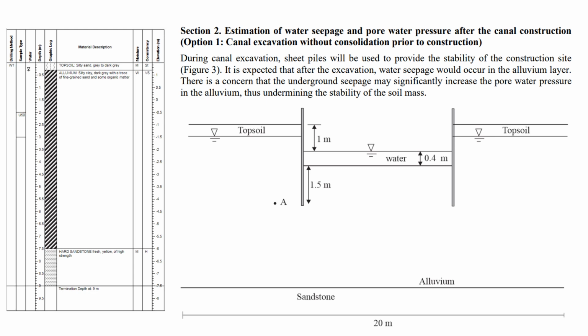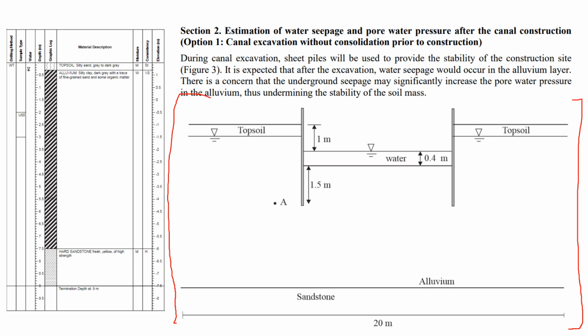The second section deals with flow nets, water pressure, and effective stresses. You're going to have a setup something like this. This is sort of like a general sketch, and this is what you are going to use to draw flow nets on.